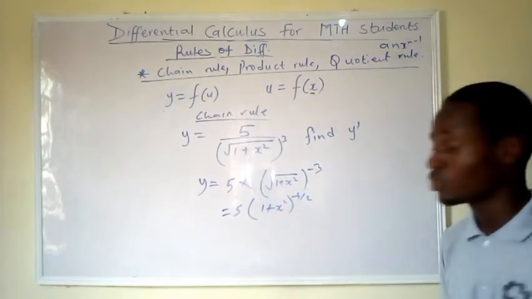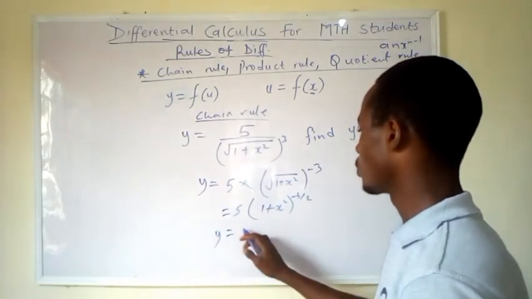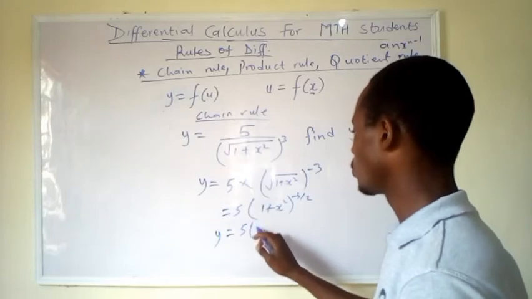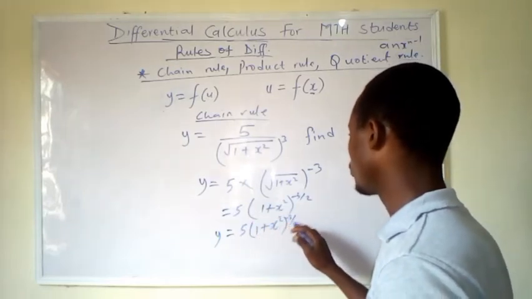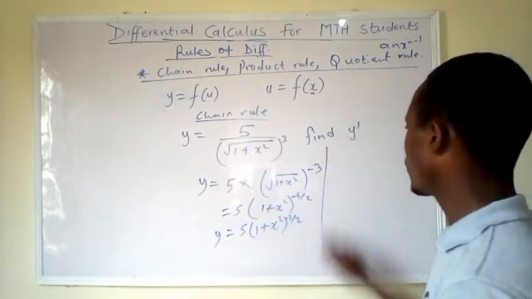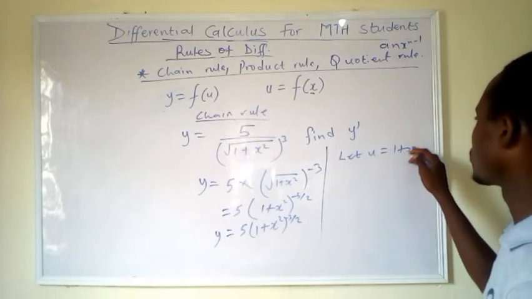So I can now say let u equals 1 plus x squared.